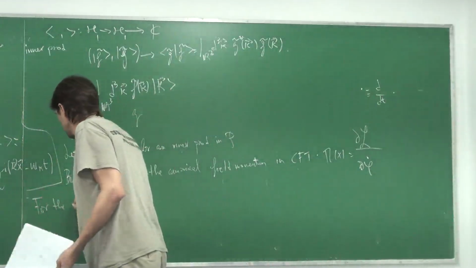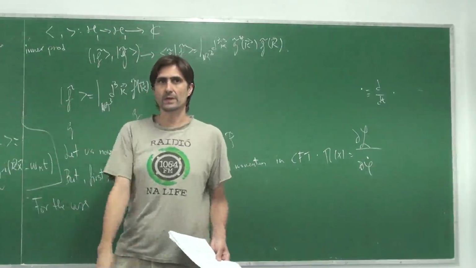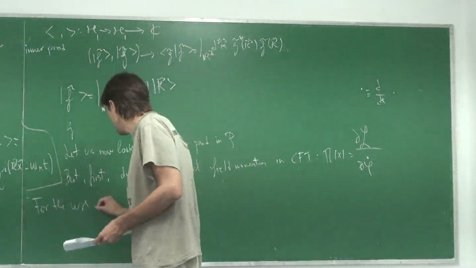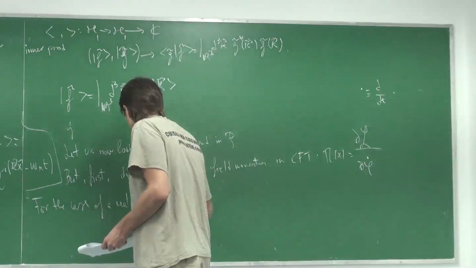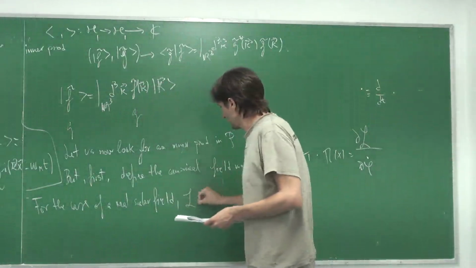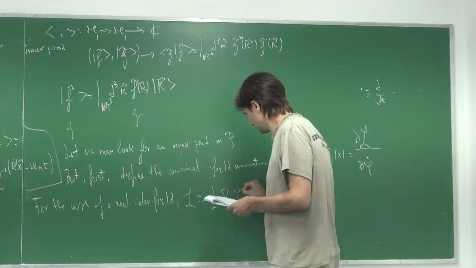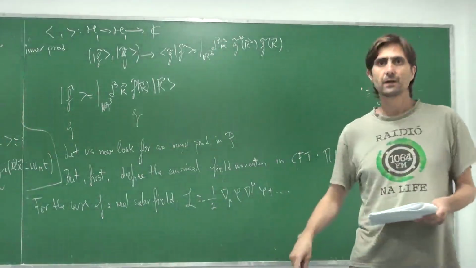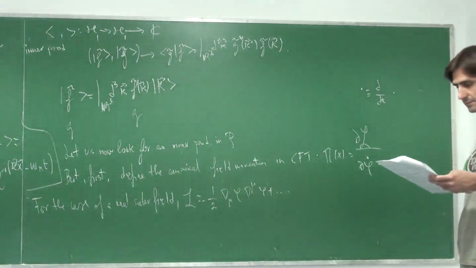So what's the momentum in the case that we're looking at all the time? It's a real scalar field. Well, it's quite trivial. So for the case of a real scalar field, remember the Lagrangian density was given by this plus other stuff that did not contain derivatives.